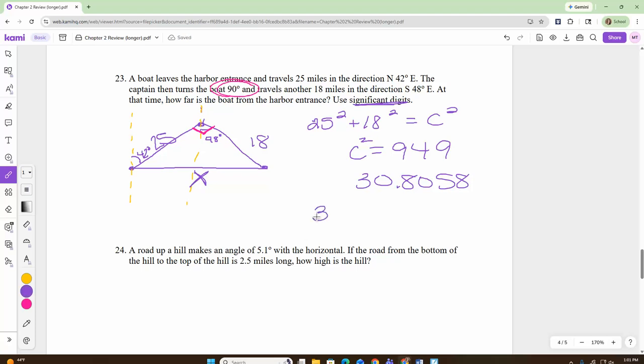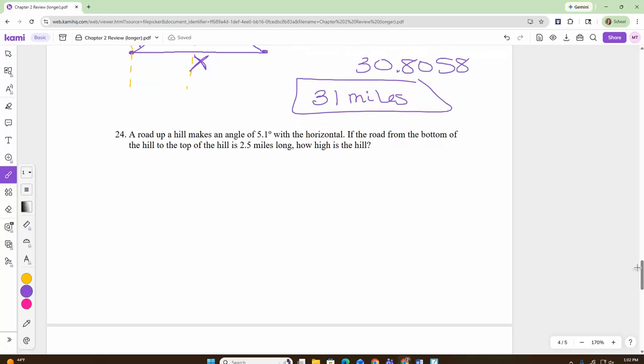So we would round this to 31 miles. All right. Is this helping at all, guys? Four more. Are you fixing things as we go through if you had any mistakes?